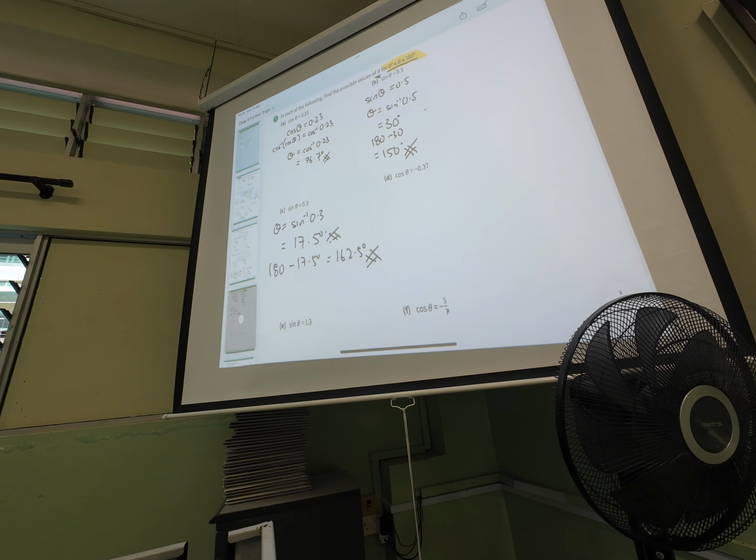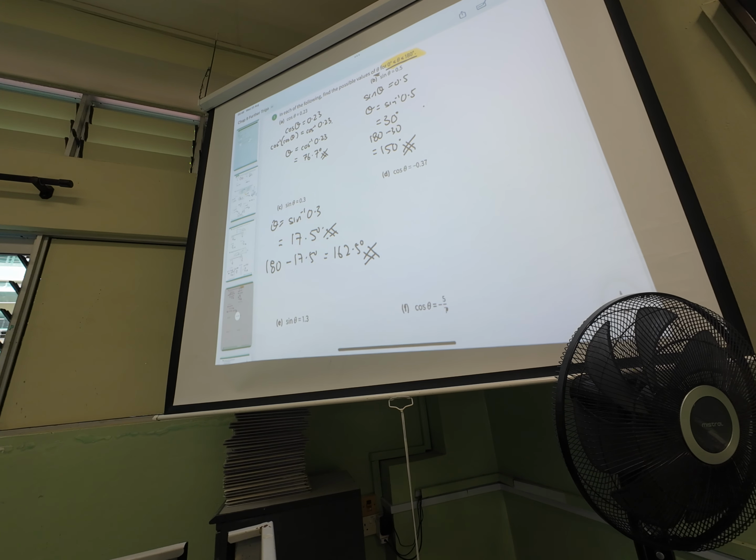Cosine theta, inverse of negative 0.37. For the negative cosine, your calculator straight away tells you what the angle is.